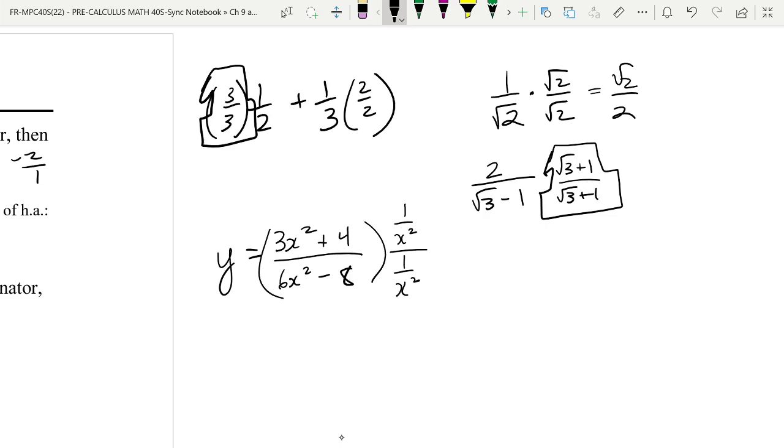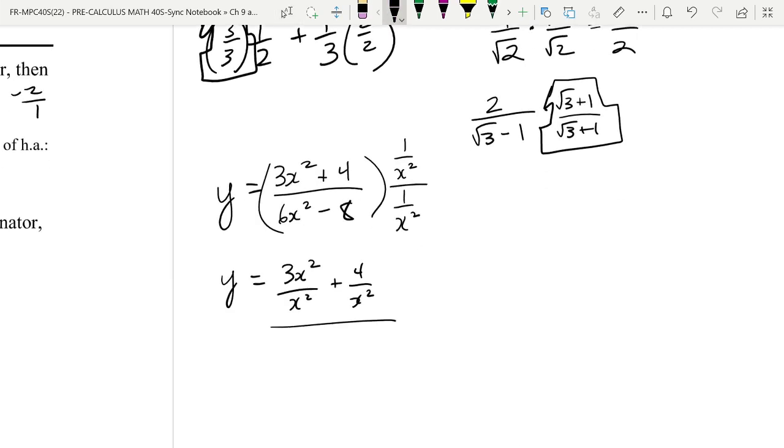But if I multiply this numerator by 1 over x squared, I get this. And if I multiply the denominator by 1 over x squared, I get this.